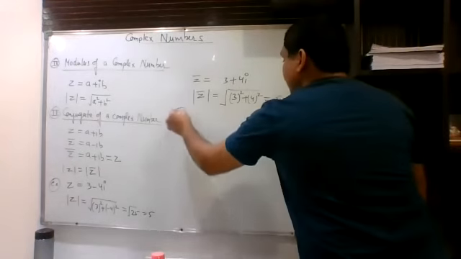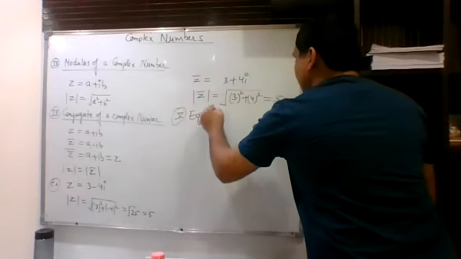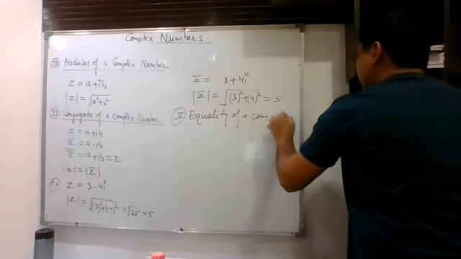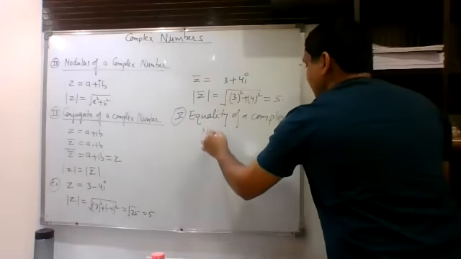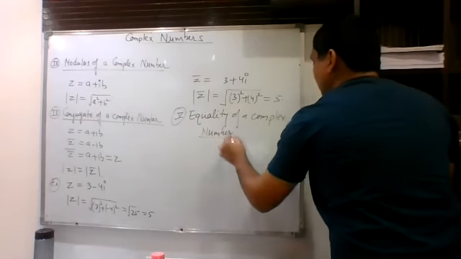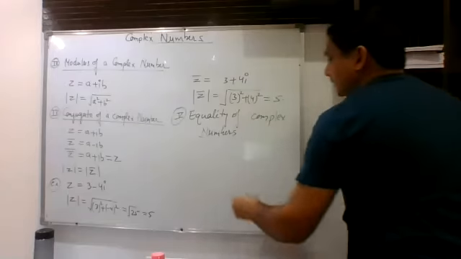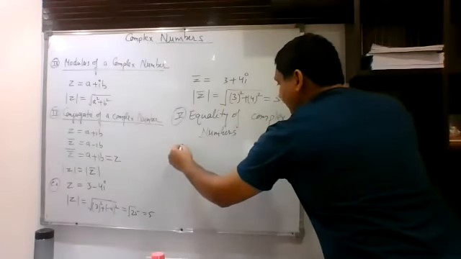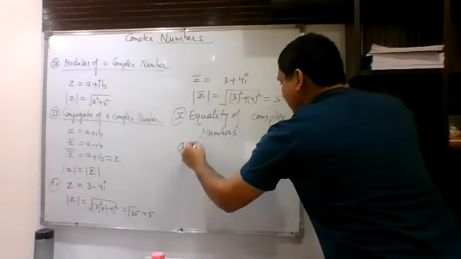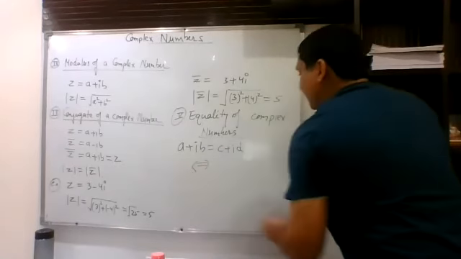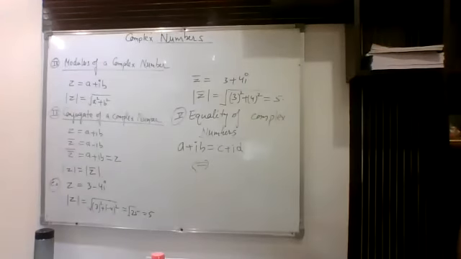Number 5, you can write equality of complex numbers. So here z is suppose a plus iota b is equal to c plus iota d. Now these two will be equal if and only if your real part is equal to real part and imaginary part is equal to imaginary part.